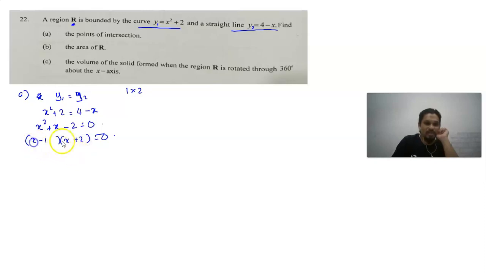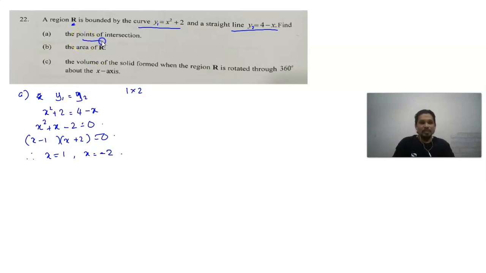Let's try again. x times x, x squared. x times 2, 2x, negative 1 times x, negative x. So 2x minus x, positive x here, and negative 1 times 2 equal to negative 2. So the value of x is 1 and x equal to negative 2.